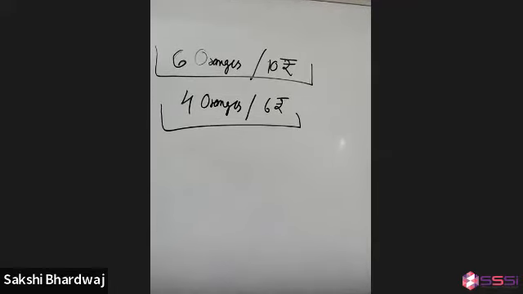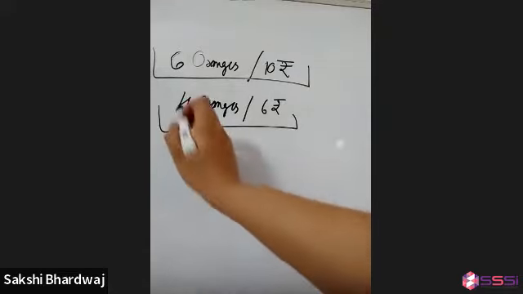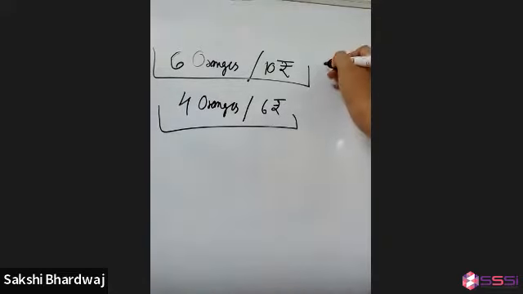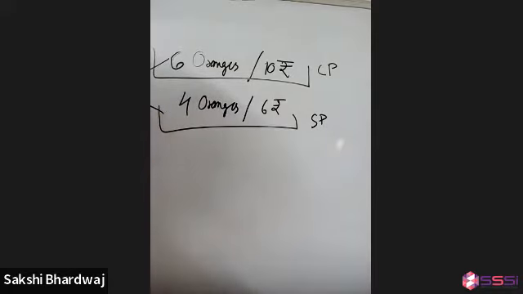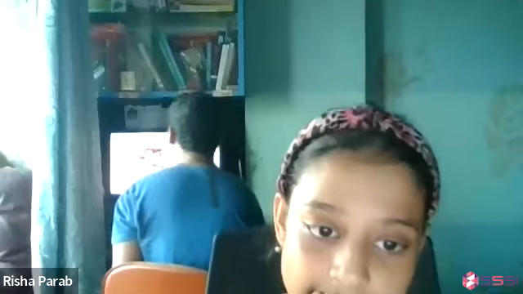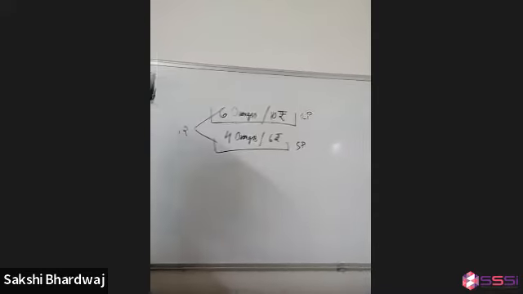6 oranges for 10 rupees and 4 oranges for 6 rupees. We can say that is CP, and that is SP. Let's see. The LCM of 6 and 4 is 12. Let's say he bought 12 oranges.